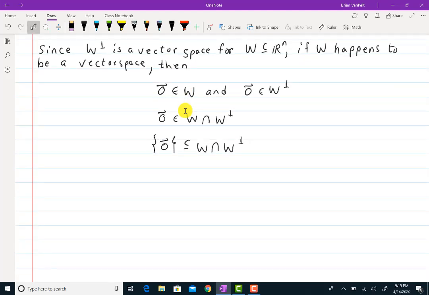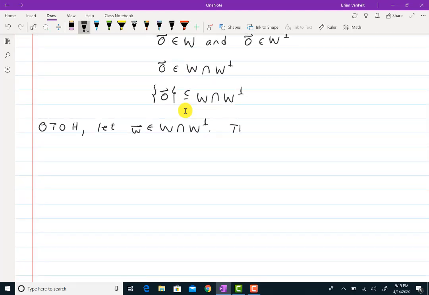Now on the other hand, this time let the vector W be in W intersect W perp. Then we would have W dotted with W equals 0. Why? Because that vector is in W, but that vector there is in W perp.